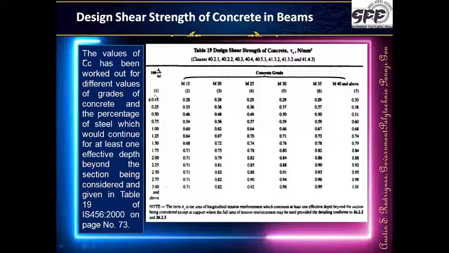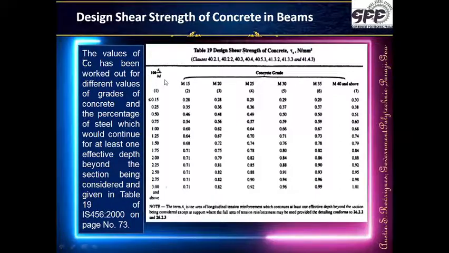Now over here on the left hand side we have the percentages. Please note the least percentage is 0.15, and if you observe, at 3 and above at some places the value remains the same. So that's how the values appear. Now suppose there is a beam which has 1% reinforcement and the beam has grade M20.